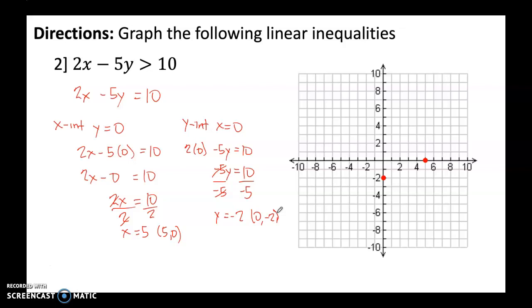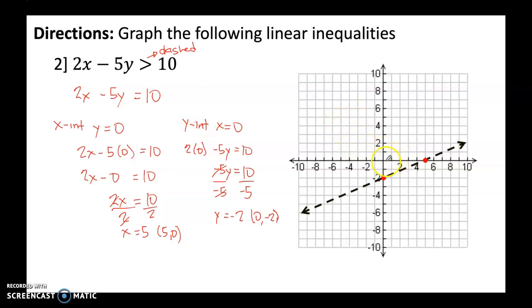Next step is to identify what kind of line we will be using in connecting those points. Since the given is greater than, we use a dashed line, or simply a dotted line. So connect the 2 points using a dashed line. Next, the third step is to choose the test point.